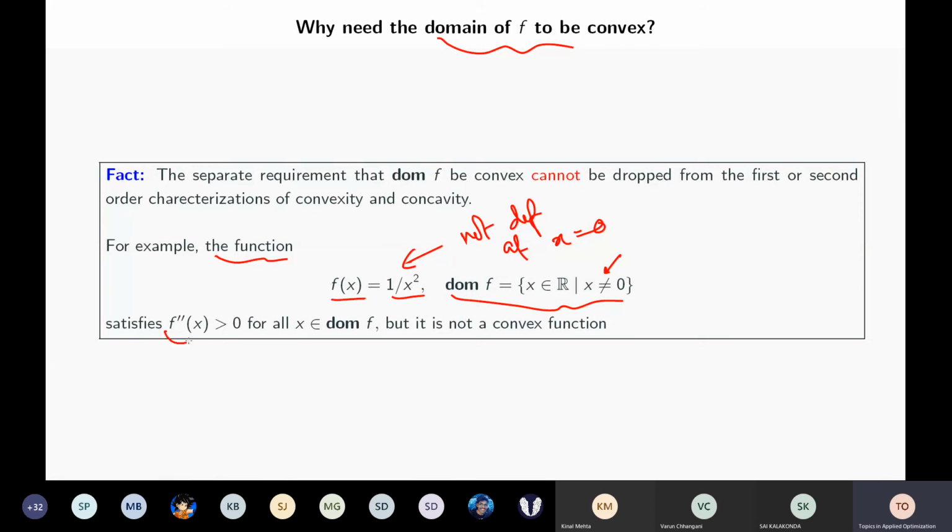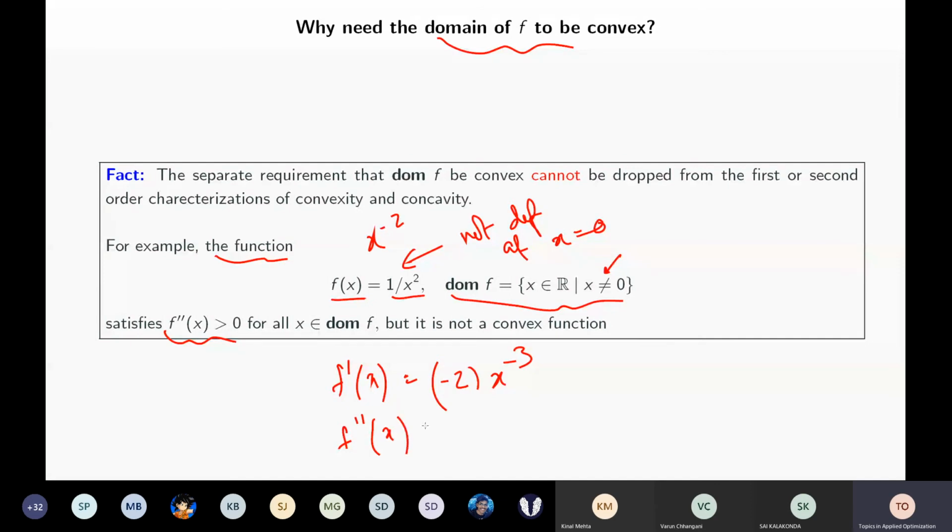And we see that f double prime of x is greater than 0 for all x in the domain. So if we do f prime of x, this is like x to the minus 2. If I take the derivative of this, then this is minus 2 x to the minus 3, and I have to take one more derivative.